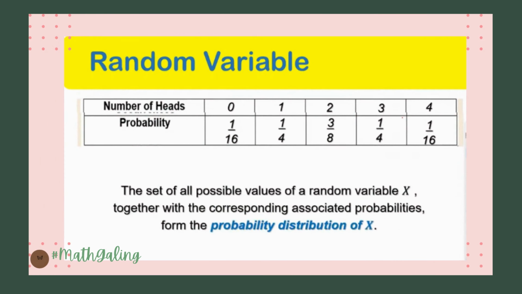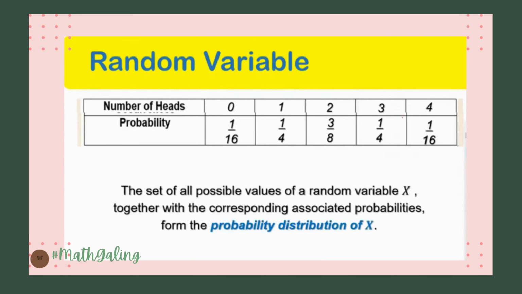Knowing all of those values, we then remove the sample points and the occurrences. We now have the number of heads and the probability, or the values of the random variable and its probability. We can now form the probability distribution. What is a probability distribution?